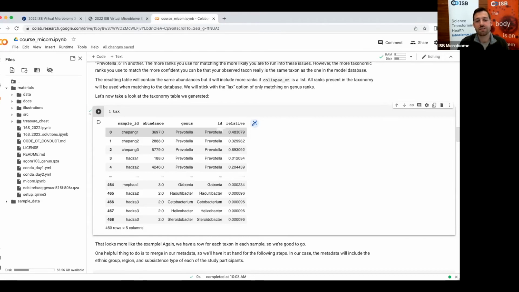We also have an ID column, which again is a unique identifier for each one of these genera. However, you'll notice that in this case, the genus column and the ID column are identical, and that's okay. It doesn't have to be, but that works just fine. We also have a relative abundance column here, which basically just gives us abundance again, but this time in compositional form as relative abundance rather than absolute read count.